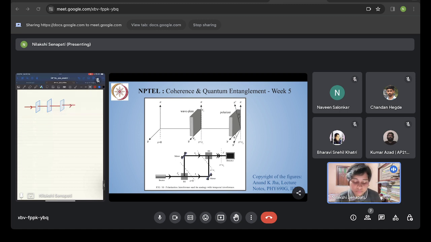This is a quarter wave plate at 45 degree.